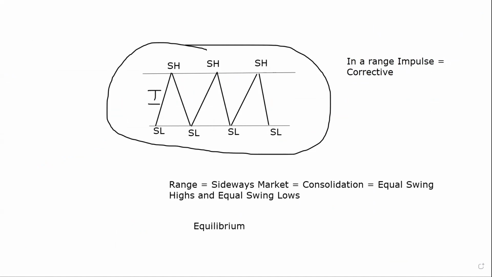So for example, this is an uptrend. Remember that in an uptrend, this one is the impulse wave, and this small wave down against the trend is known as corrective.